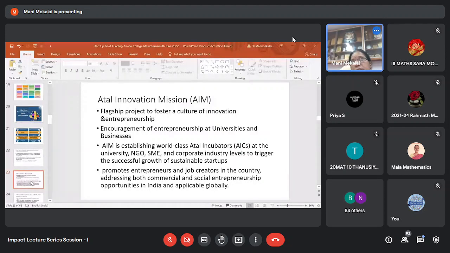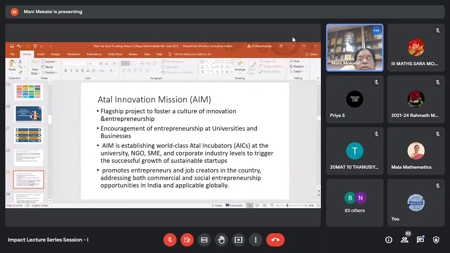If one batch sees that these particular students are working after this and it's a good project, then the other set of students will also be approaching the other colleges to extend some opportunities. And students' entrepreneurship will be much encouraged by institutions.